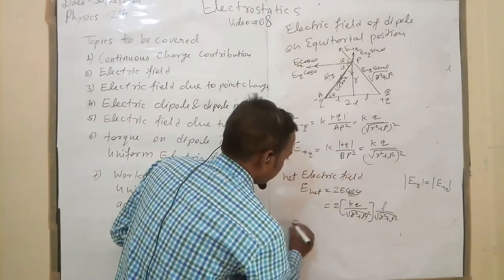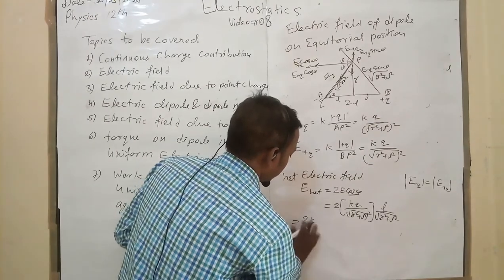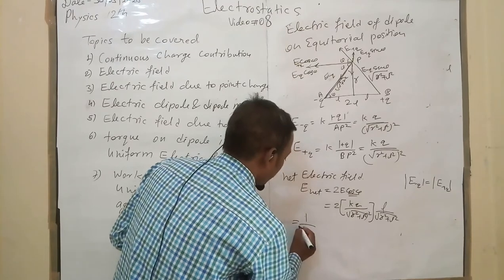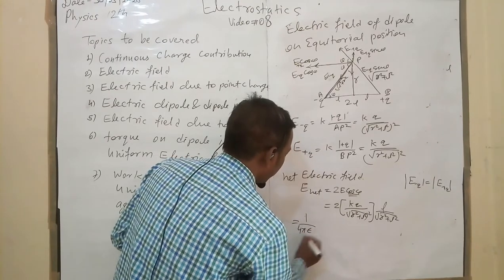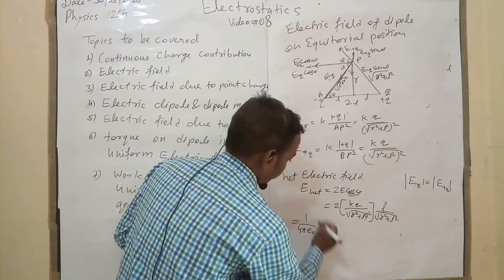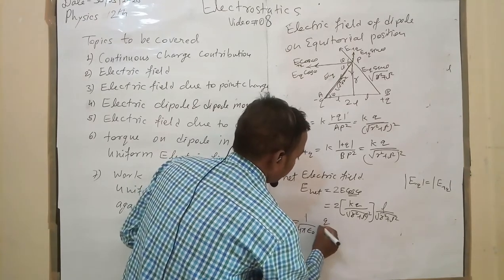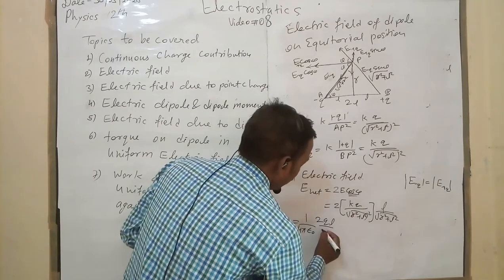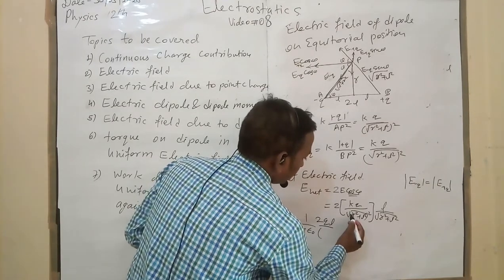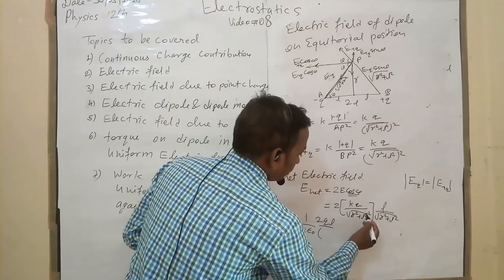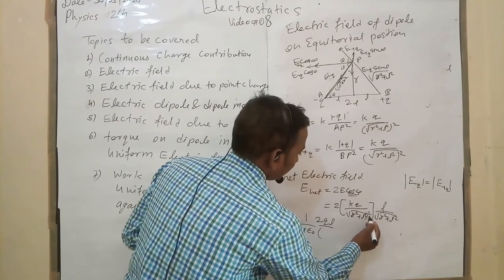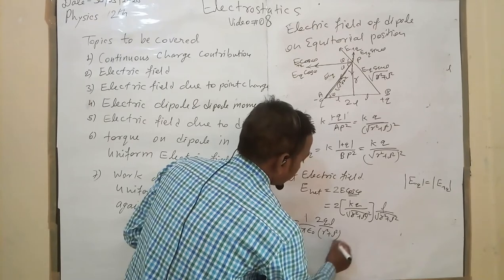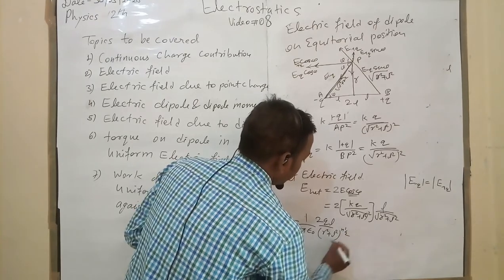So solve it. 2k, put the value of k, that is 1 upon 4 pi epsilon naught, q l, 2ql, and under that the root can be removed due to the square, so r square plus l square, that is 1 plus 1 upon 2.